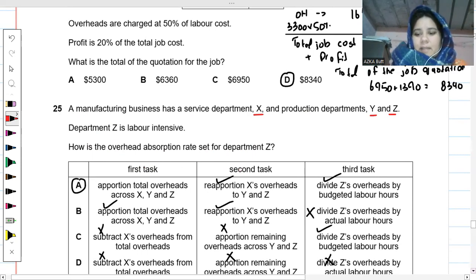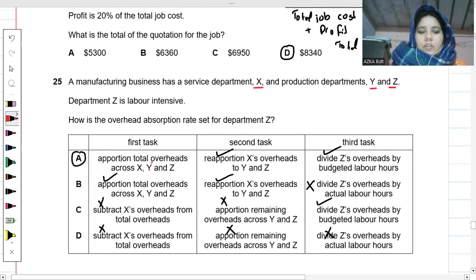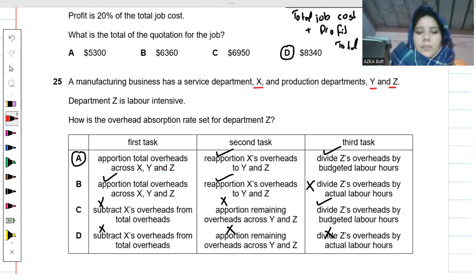In the first task, first of all, apportion total overheads across X, Y, and Z. Whenever we are apportioning the overheads between these departments, this is the very first task in absorption costing. In the second task, we have to reapportion excess overheads to Y and Z, because X is your service department.